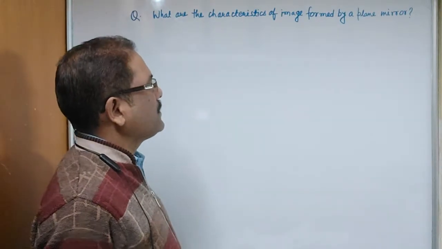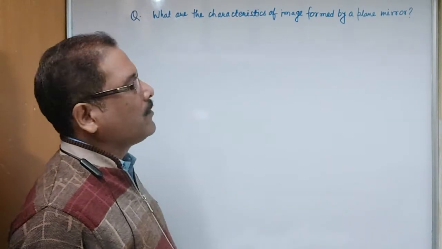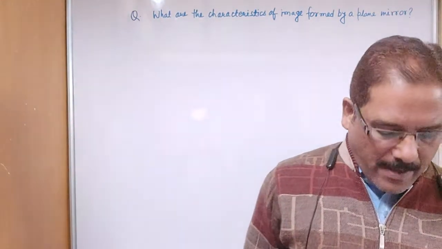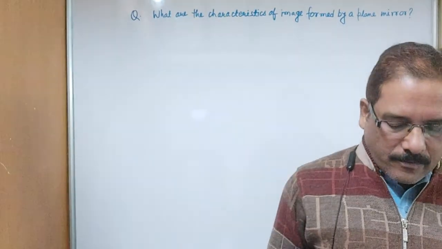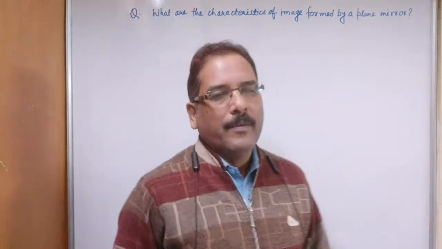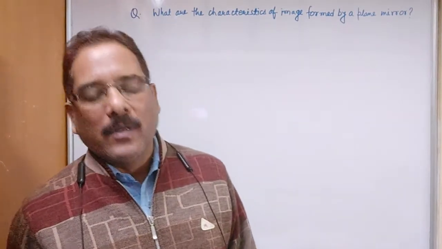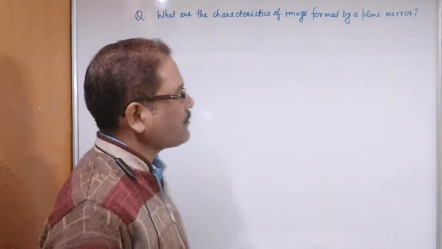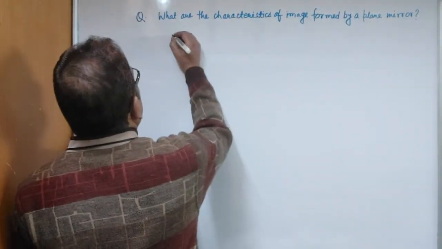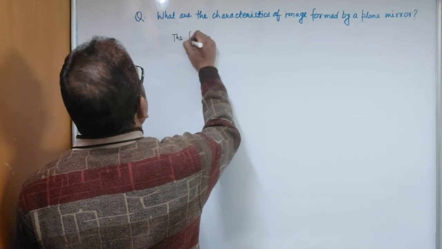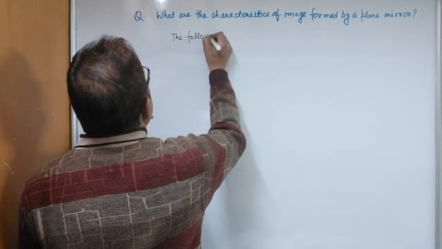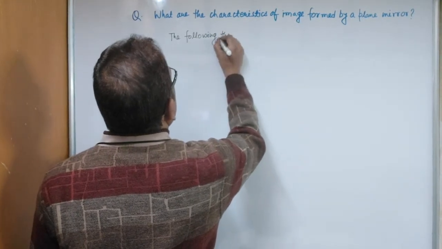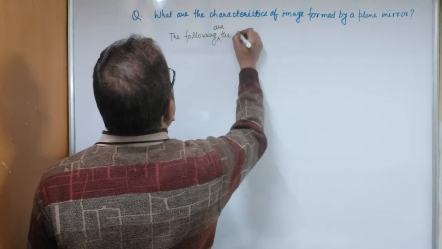What are the characteristics of image formed by a plane mirror? So as we have seen in the diagram, the image formed is a virtual one, or you can say unreal. So, the following are characteristics.